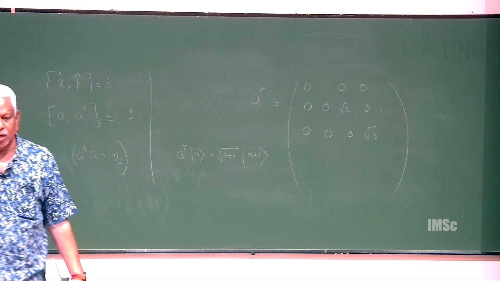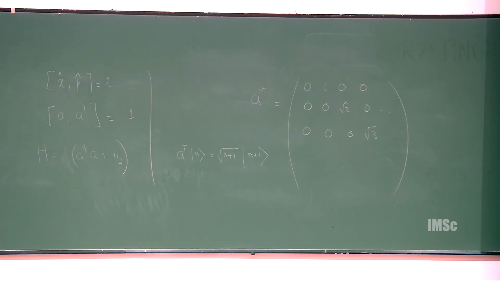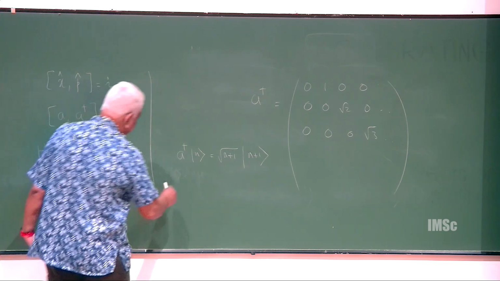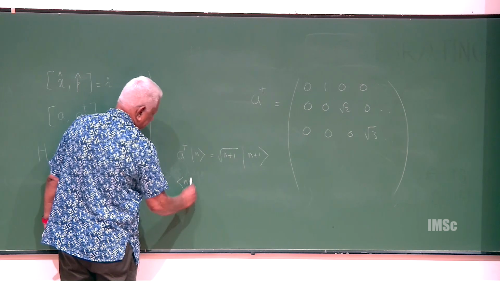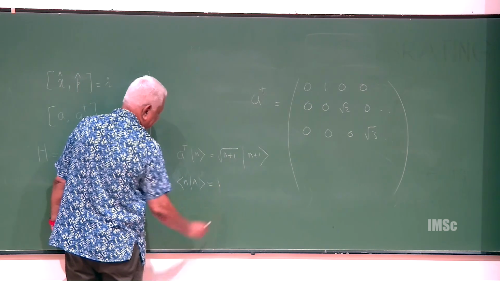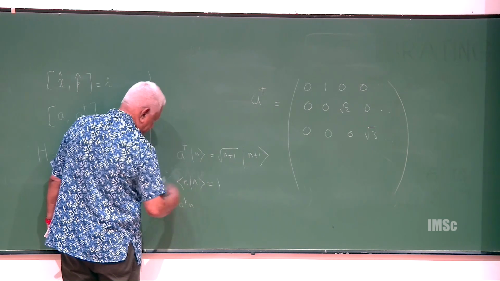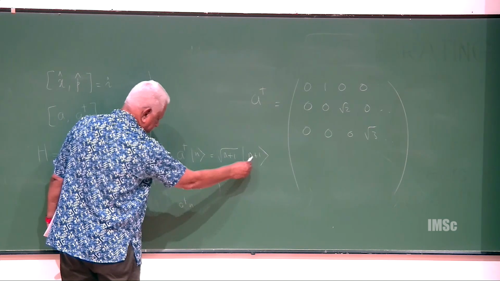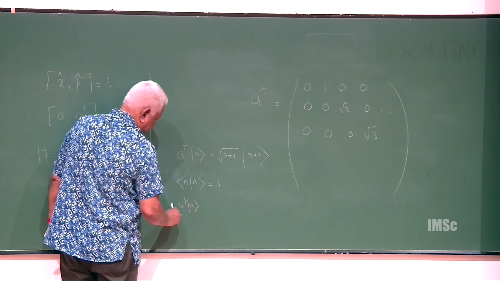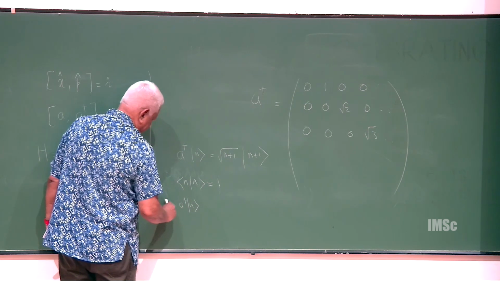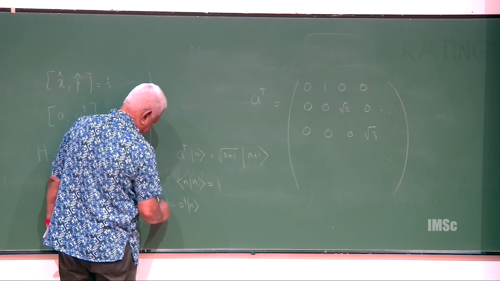Why is it so? Your state n may be normalized. I will write it this way: A dagger n, and then this is what the state is supposed to be, and then the complex conjugate of that is this.